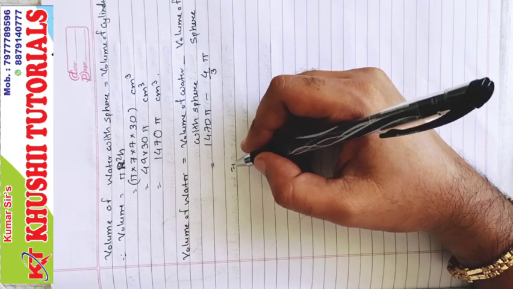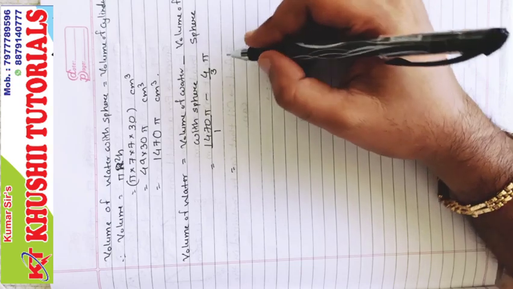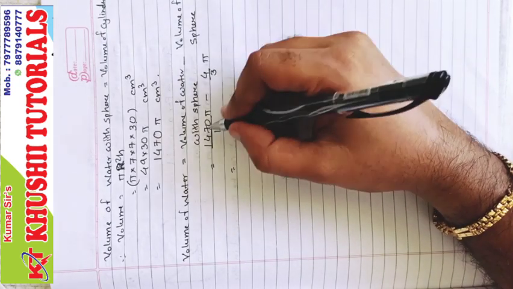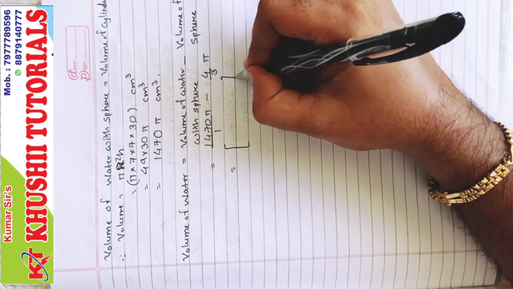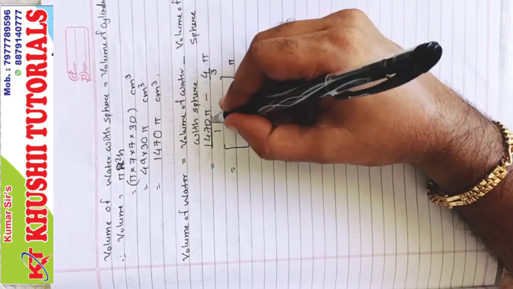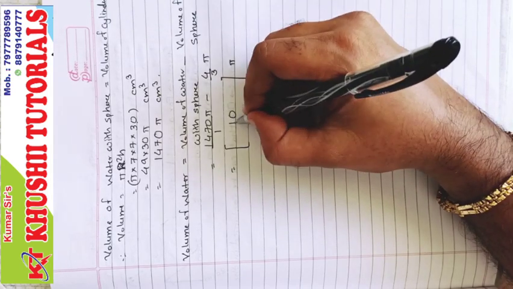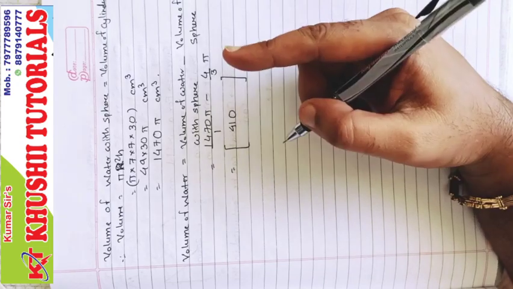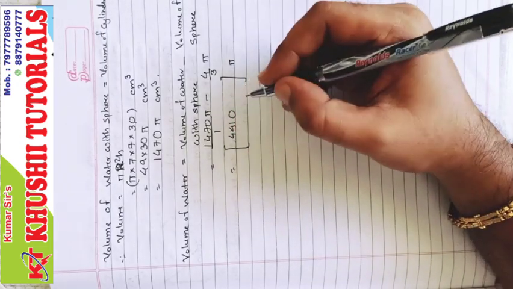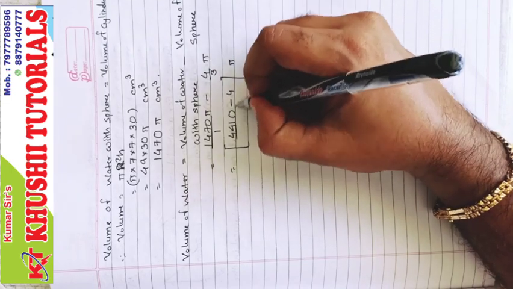We need to subtract them. So before that we have to take the LCM. First of all I'll take out pi as common. Now 3 into 1470 is 4410, minus 4, so 4406 upon 3.